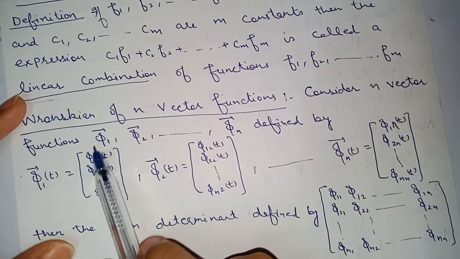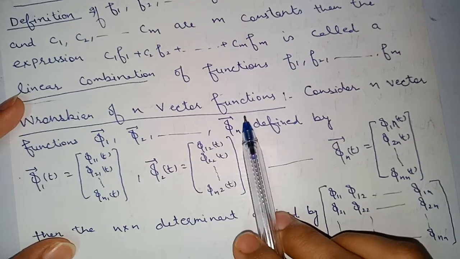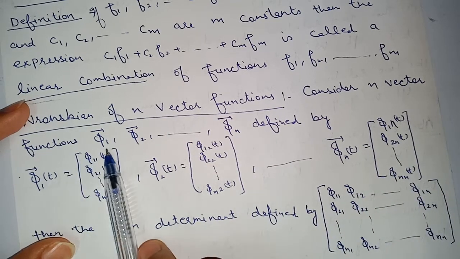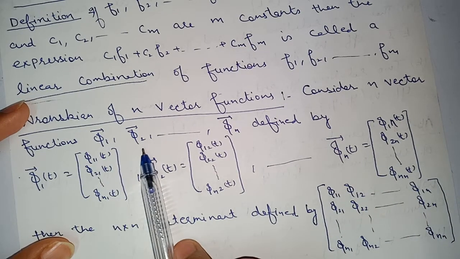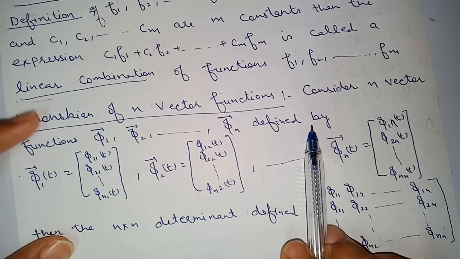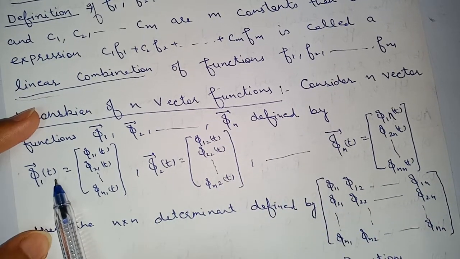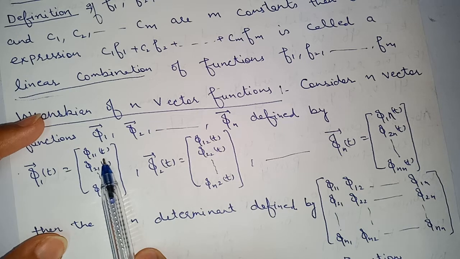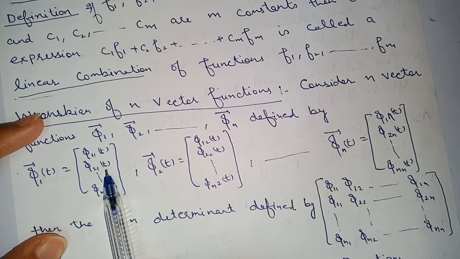Next we check what is Wronskian of n vector functions. Consider n vector functions. First is phi1, phi2 up to so on phi n, defined by phi1 of t vector, that equals phi11 t, phi21 t, phi n1 t.